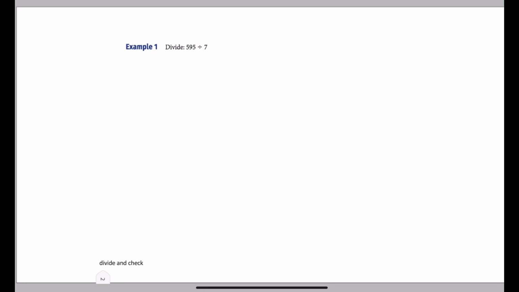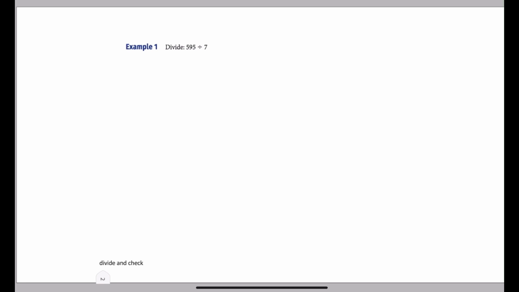So the very first thing I want to do is do a quick little investigation of the problem and what I'm going to be doing, and maybe come up with even an estimate, because division is very algorithmic or procedural, and so it means sometimes we can get lost in the steps and forget to common sense check our work.